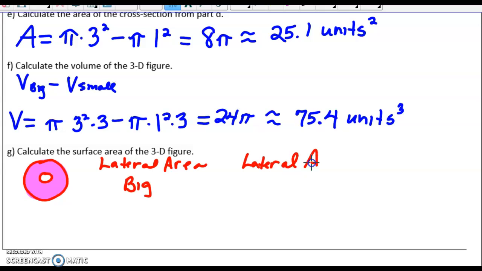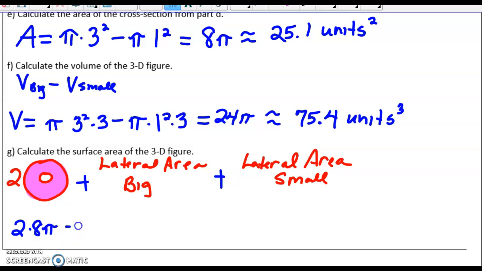That's what lateral area is, of the small. And remember, we had two of these. So we already figured out what that was, honestly. So we used that from above when we figured that out. I believe that was 8 pi. So we have 2 times 8 pi. And we're going to add all these together.